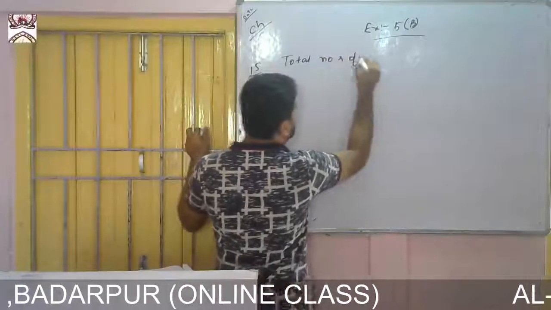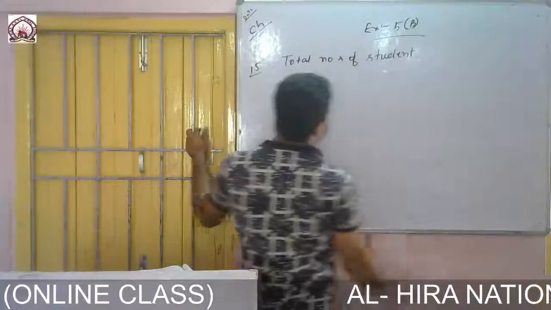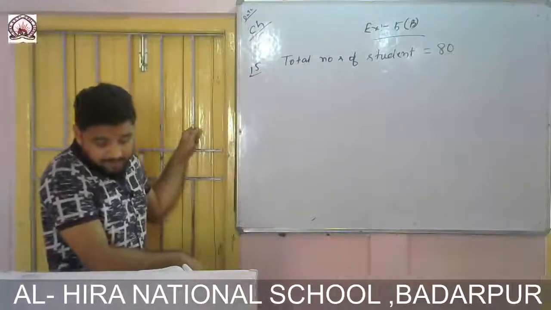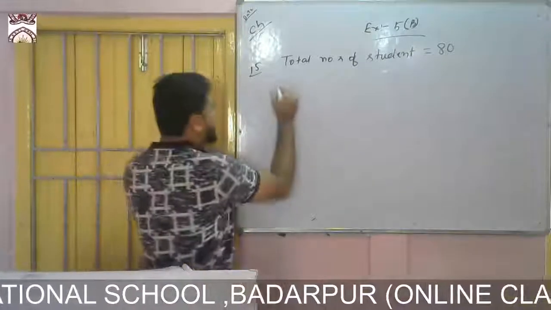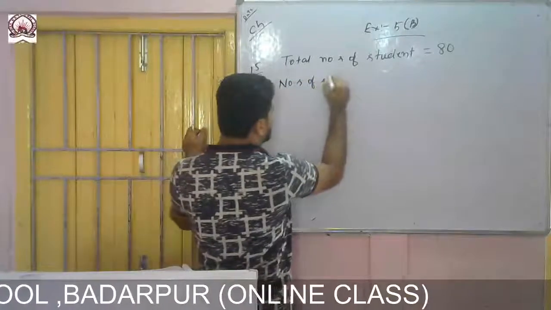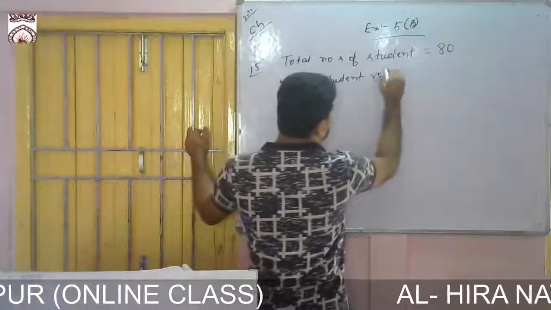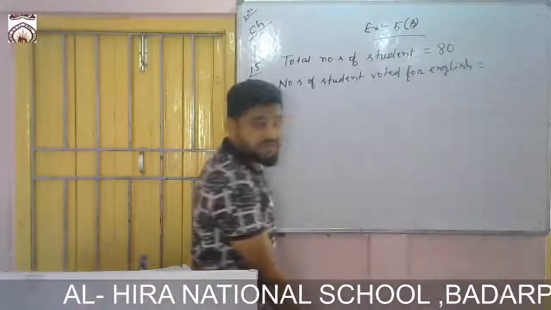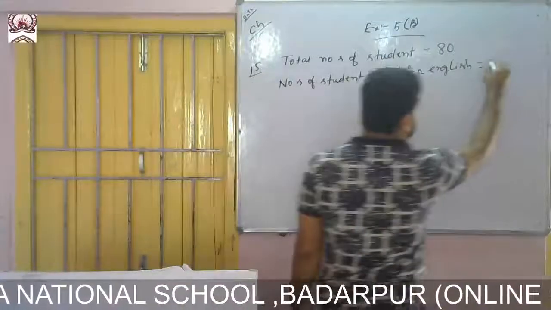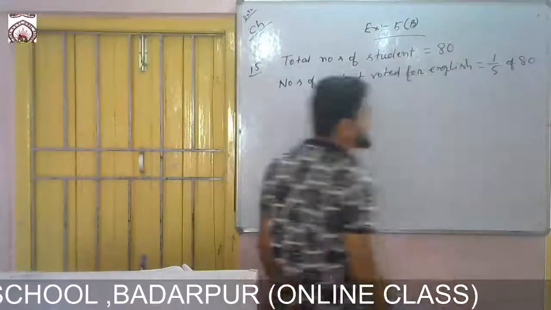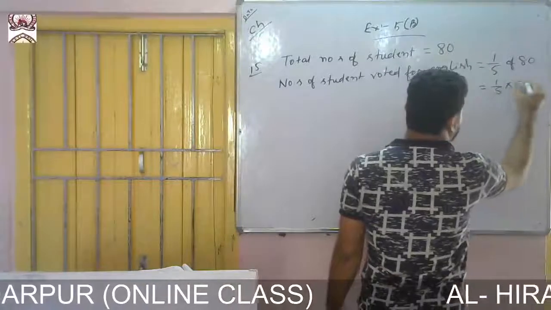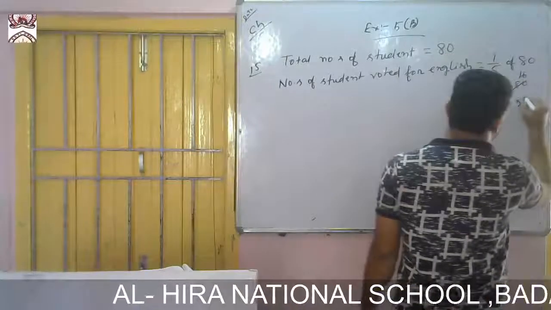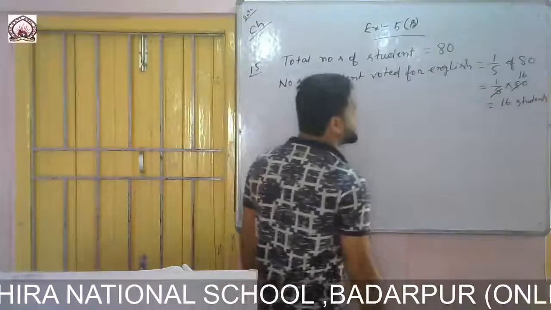Total number of students equals 80. Now the number of students voted for English equals 1 by 5th of total students. Total students is 80, so 1 by 5 into 80 is 16. Okay, 16 students. 5 16s are 80.